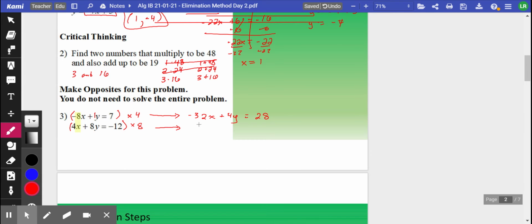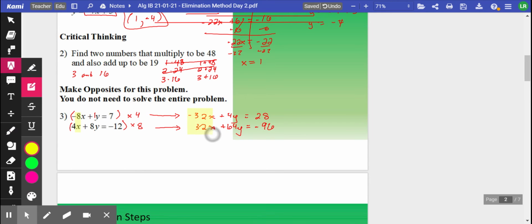So 4x times 8 is 32x. 8y times 8 is 64y. And negative 12 times 8 is negative 96. And if we look here, I have opposites with the x's. So I am going to be able to finish this off. I didn't ask you to finish this one, so let's go ahead and do a few of these once again from start to finish.